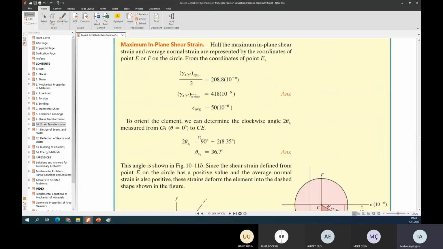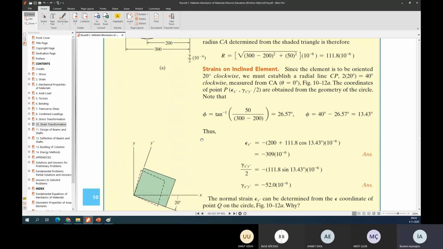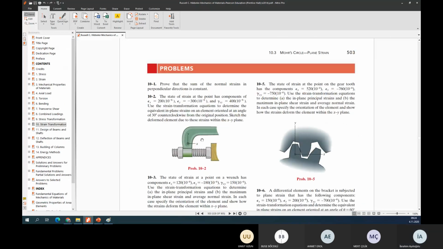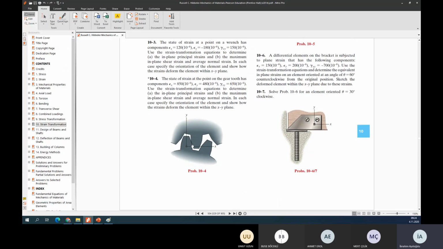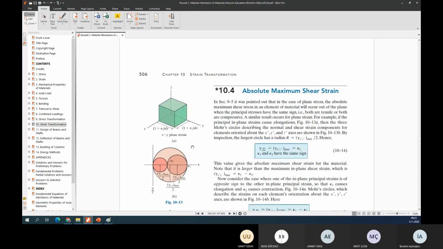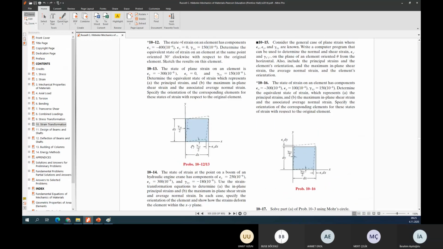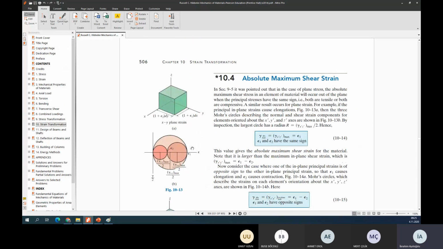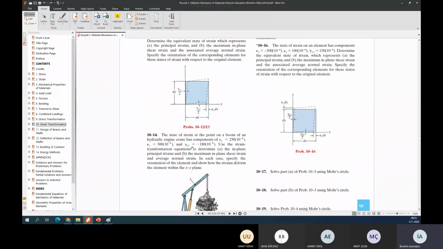The solutions are available, with examples starting from 10.1 to 14. Which one do you prefer? Say a number from 1 to 21.